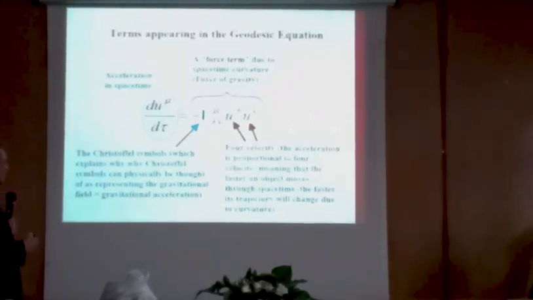So this is the derivative of the four-velocity, in this equation of general relativity. This is the acceleration in space-time. This term here is the components of the four-velocity, and this is the Christoffel symbol corresponding to the curvature of space-time. Whenever I have a curvature of space-time, I have this Christoffel symbol present.